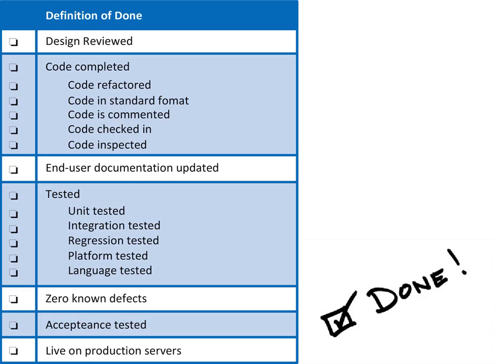So for example, a definition of done state could be: design has been done and reviewed, code completed, with details of what is considered under code completed, end user documentation updated, tested in the different types of tests that go under it, and 0 known defects, acceptance tested, etc. So this is like a list, and it can be different depending on what your product owner requires.